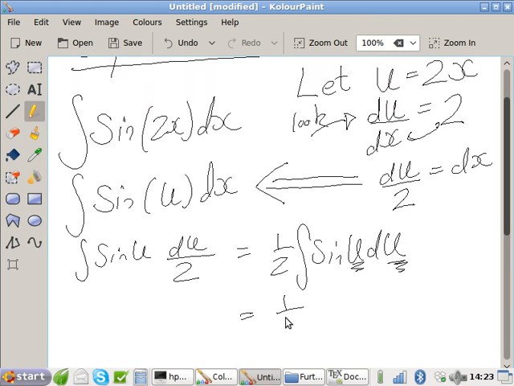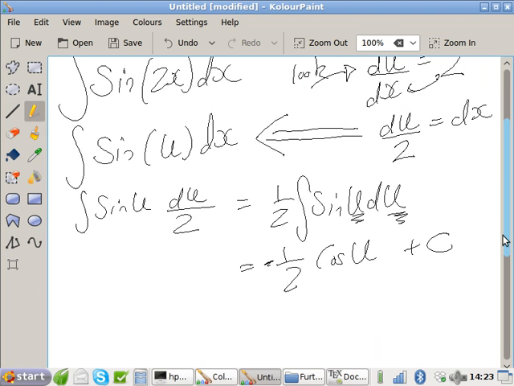A half times minus cos u plus c. So there's only one step left. What do you think that is? Change the u back to the 2x. So the answer is minus a half cos 2x plus c.